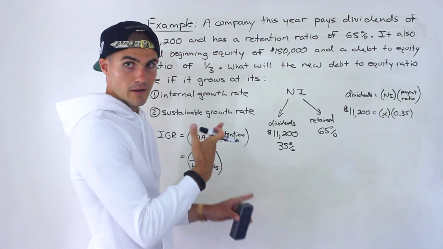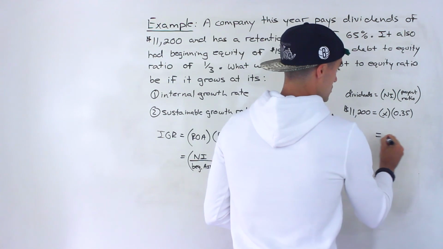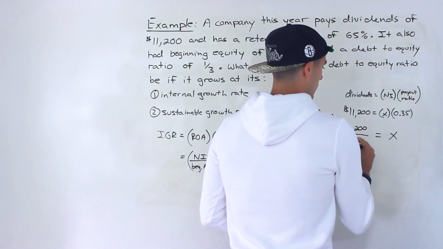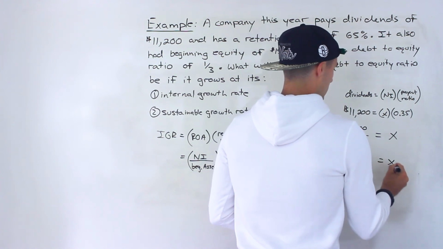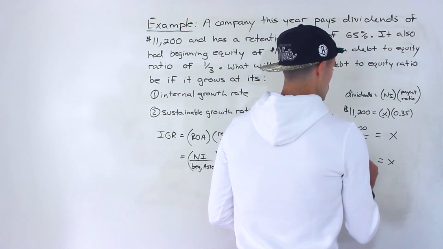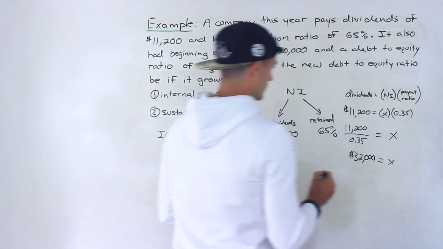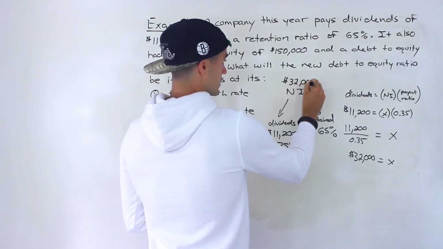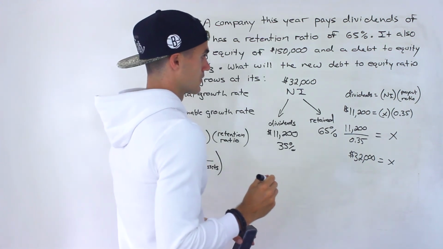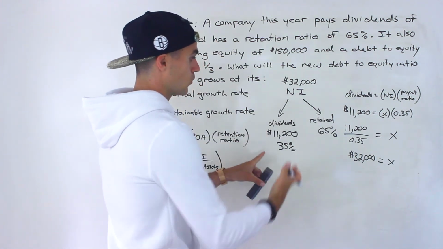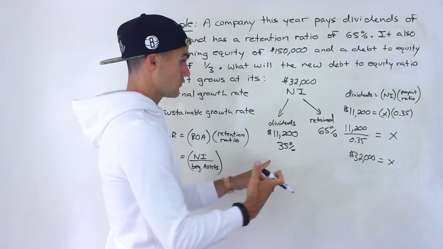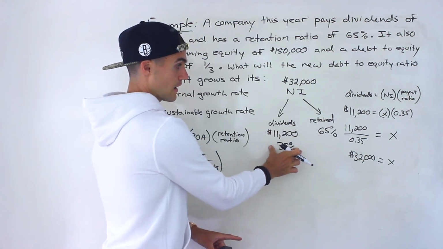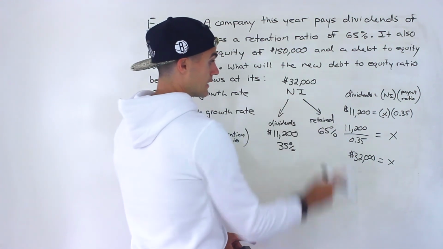And so we could divide both sides by 0.35 to solve for that x. And so the net income would be $32,000. Right? So we can get that with that information that we were given. We first have to find the payout ratio from the retention ratio, then take the dividends divided by the payout ratio to get the net income.